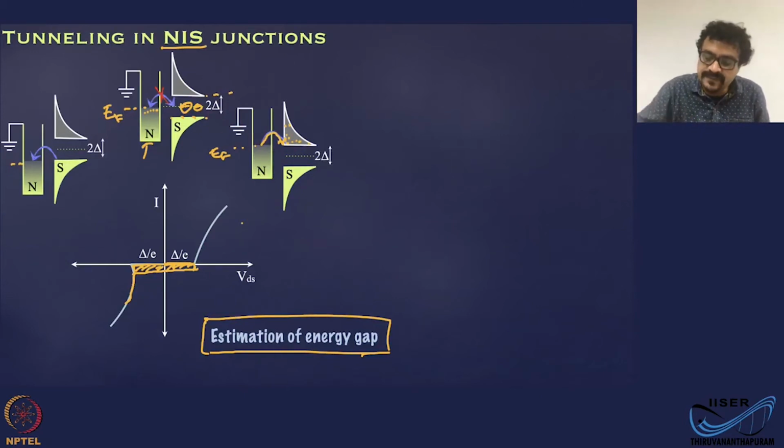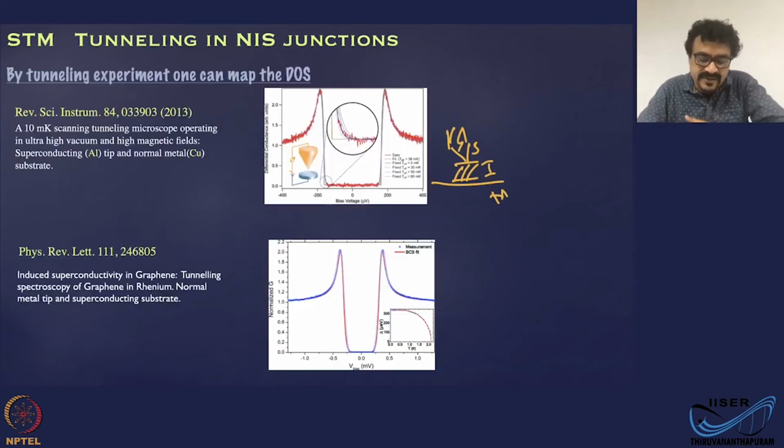Here you are measuring the conductivity, not the current. The conductivity is 0, and then it picks up once you cross the superconducting gap. So the flat region in the middle corresponds to 2 delta by E.